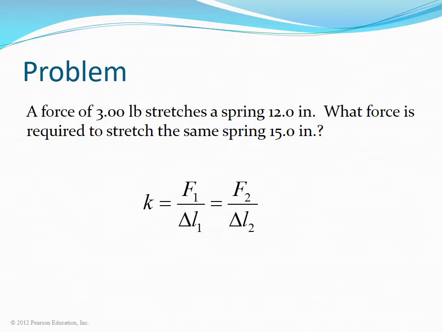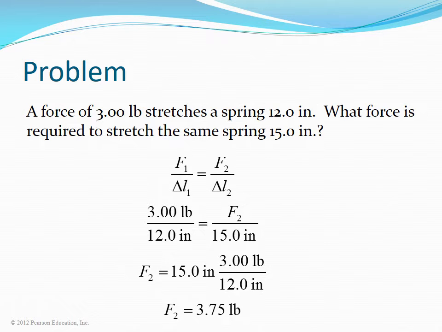The spring constant is the same for both scenarios. We assume the elastic limit has not been reached. We can use proportional reasoning to find the unknown force since the spring constant is the same in both cases. Substituting the known quantities and solving for the unknown force gives a pull force of 3.75 pounds.